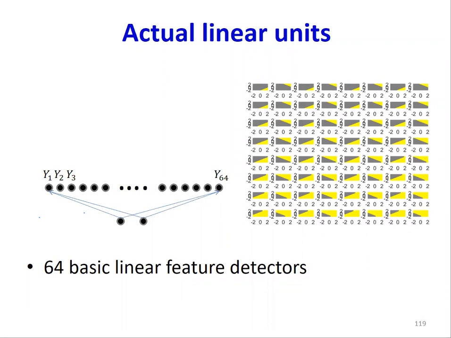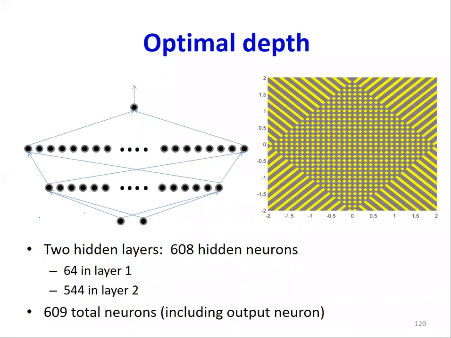There are 64 lines. And then there are 544 yellow boxes. And so I would need 64 neurons here, 544 neurons here, and 1 output neuron. So if I just did this using 2 hidden layers, I'd need 609 total neurons.